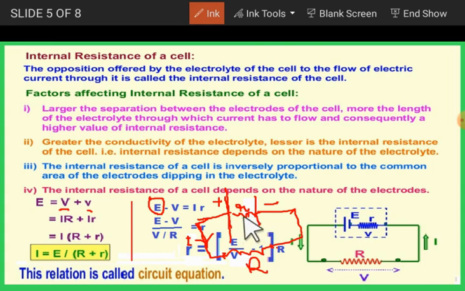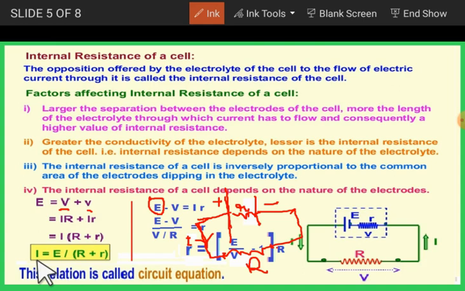So we will write small v as I into small r, where I is the current flowing through this circuit. Whatever current is flowing outside, that much current will also be flowing inside the cell within the electrolyte. So if you take I common, then you will get like this.